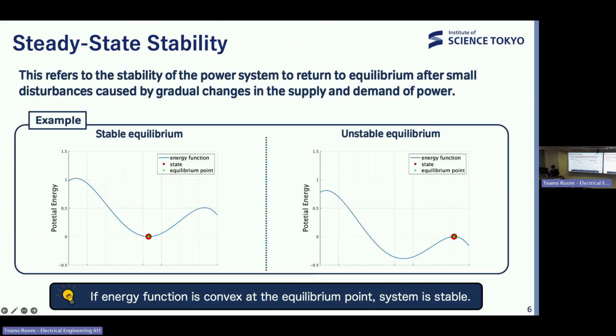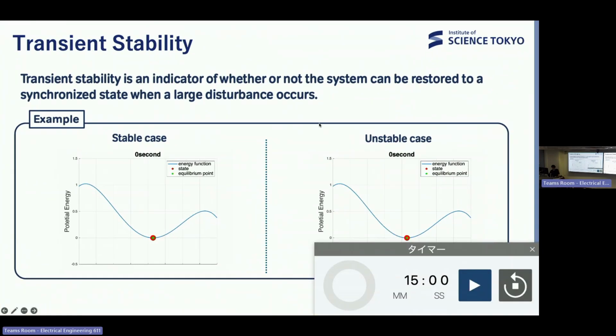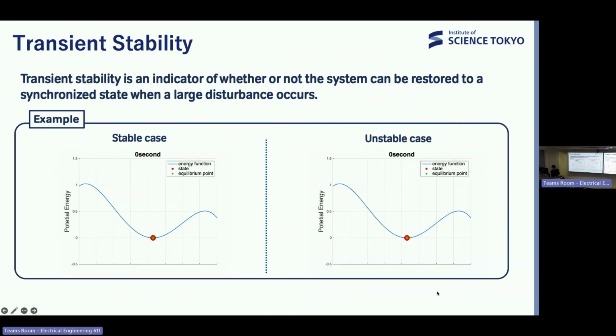On the other hand, transient stability refers to the system's ability to resume a synchronous state after a large disturbance.